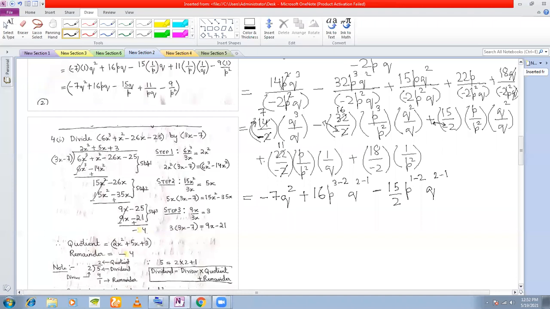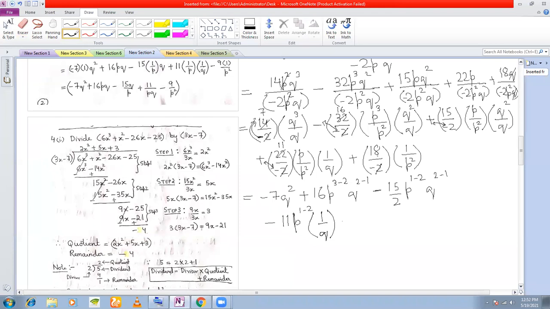So now you have this plus combining with this minus sign to give you a minus sign. 11, p to the power of 1 minus 2. And you already have a q in the denominator, so you can write this as 1 by q only. Later we'll multiply.